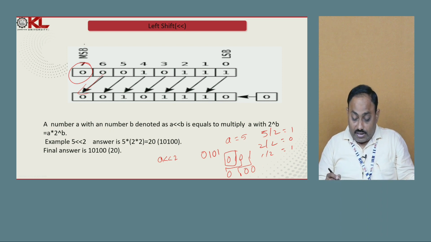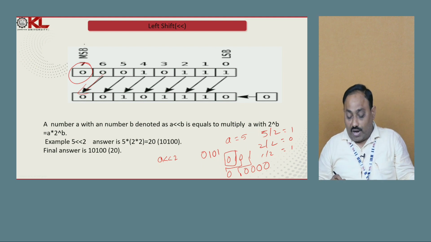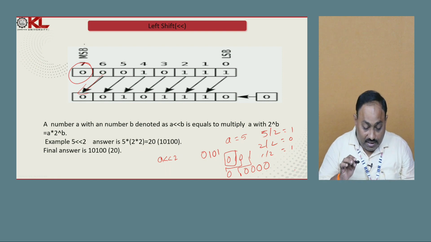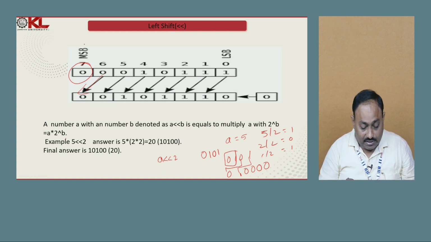When we do this operation, we get 10100, where these 2 bits are moved here and we add 2 more zeros. Now 2 power 0, 2 power 1, 2 square, 2 cube, and 2 power 4, like that we will get. Okay, now when we perform this operation, there is a simple formula for left shift.